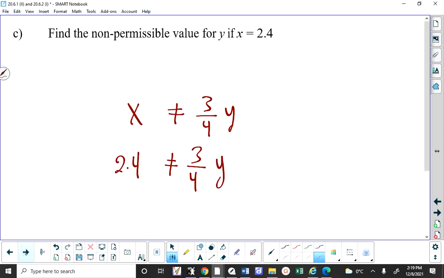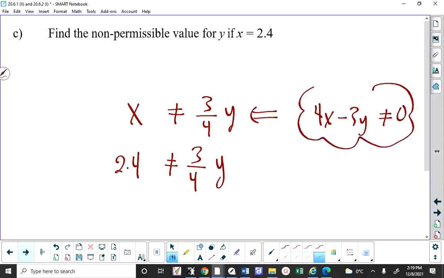Yeah, and you know what? You didn't even need to rearrange this actually. Now that I think of it, had you written 4x minus 3y cannot be 0, you could have just used that. You could put 2.4 in for the value that x is not allowed to be and solve for the value that y is not allowed to be.